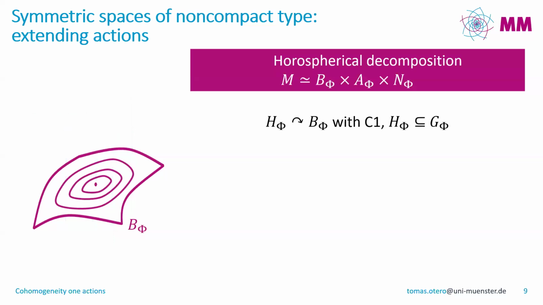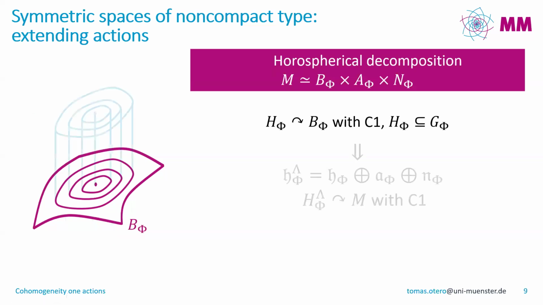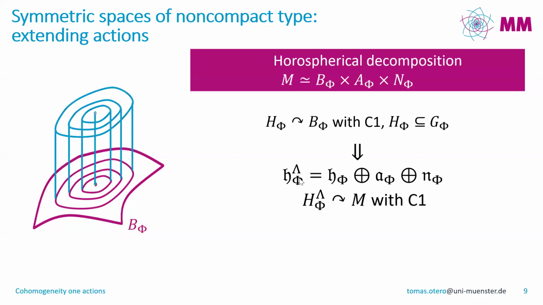And why do we care about this? Because let's say you have a cohomogeneity-one action on your boundary component, which we're able to construct somehow. Well, then without loss of generality, you can assume that it's given by a subgroup of G phi, and you can construct a subgroup as follows: H phi, capital lambda, which is: take your action on the boundary component and add this A phi and N phi.